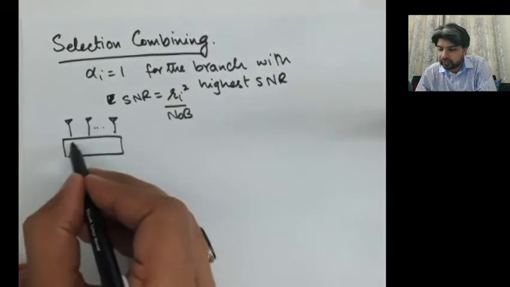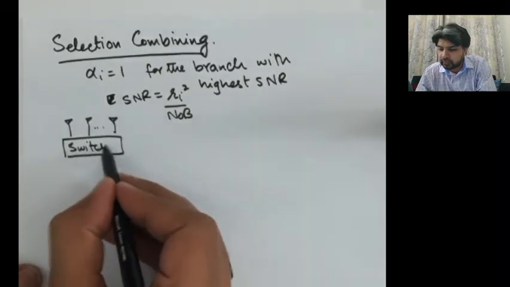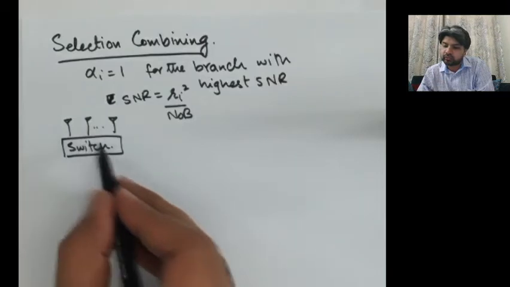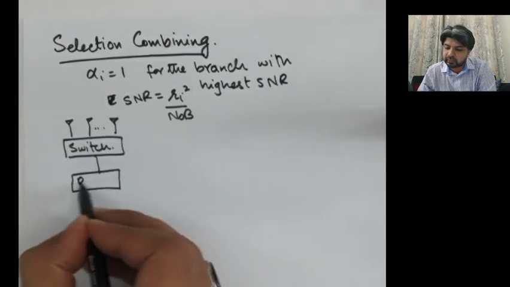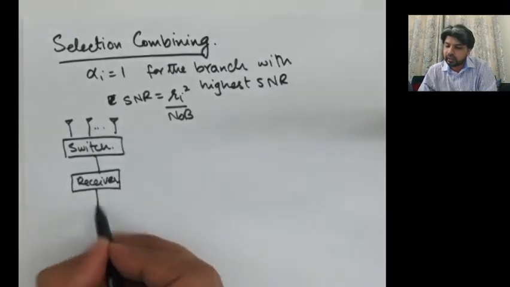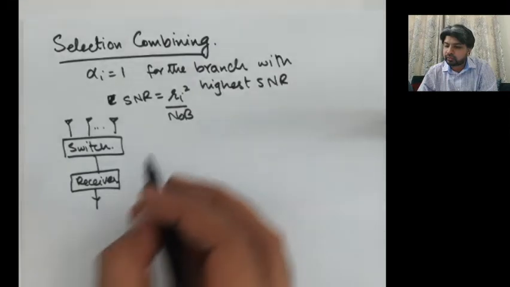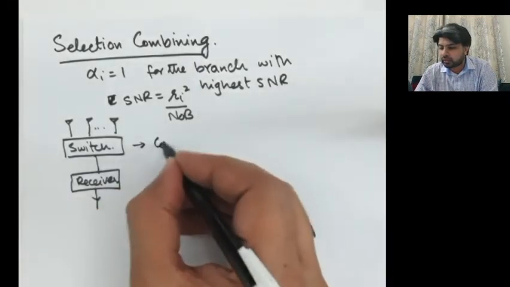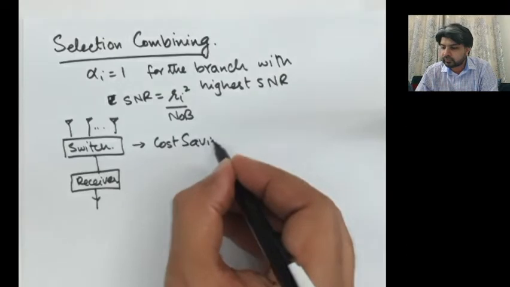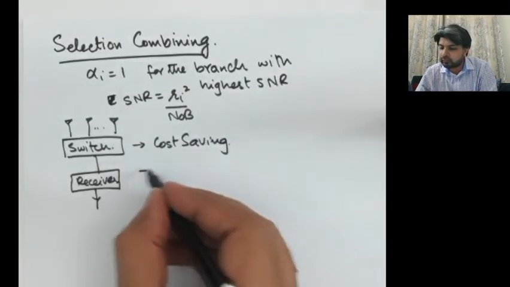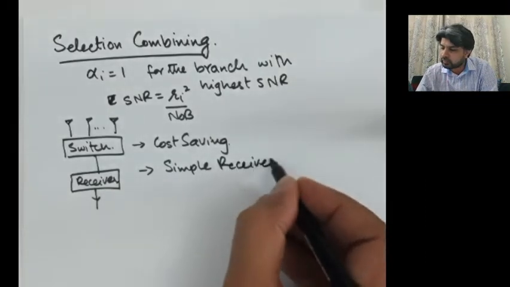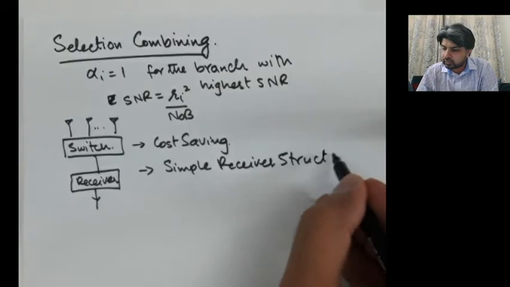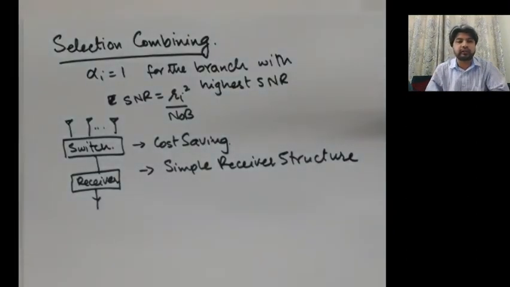People have devised a mechanism where this switch switches to the branch that has the maximum signal to noise ratio, and you have only one receiver here, and that would give you your received signal. That would result in cost saving, right? And then you have a simple receiver structure, because the number of RF chains at the receiver side has decreased because of this mechanism.